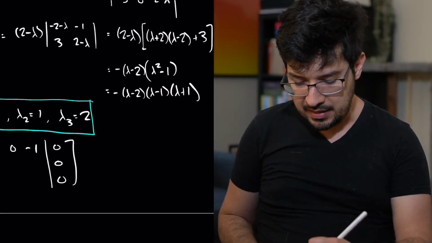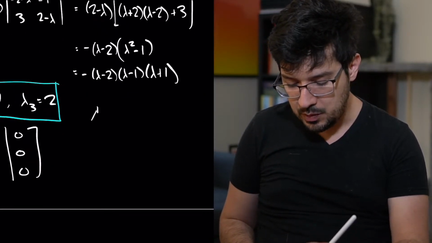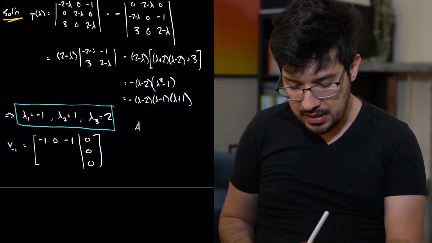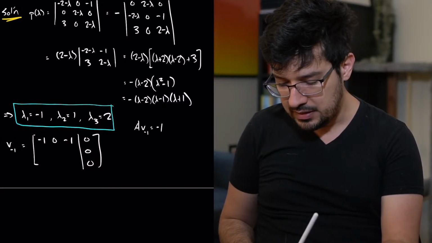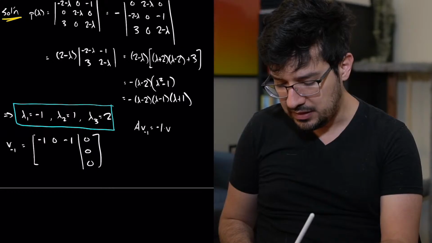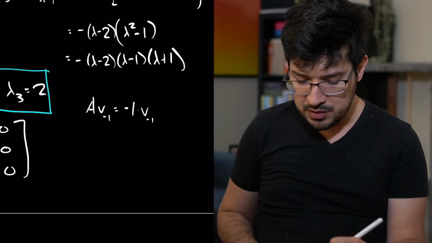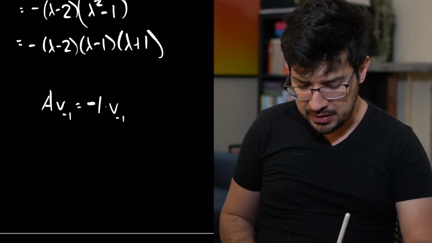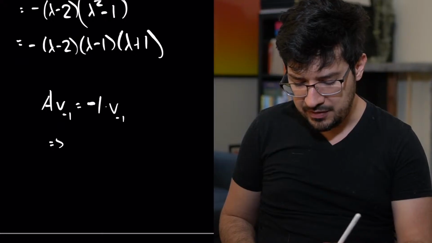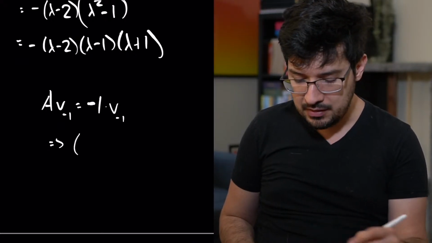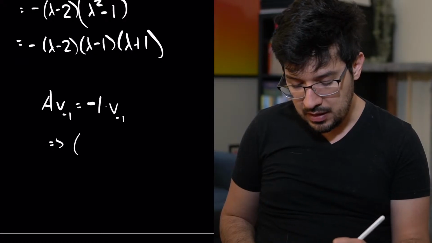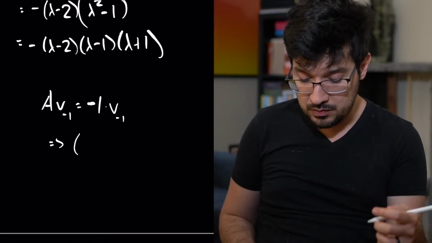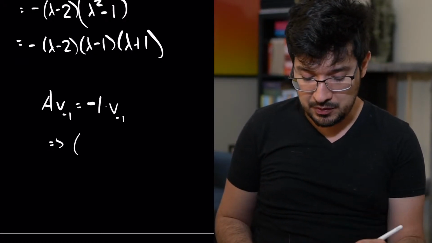And why is that? It's because we're solving these equations like A v equals -1 times v. We can add 1 times v to both sides.